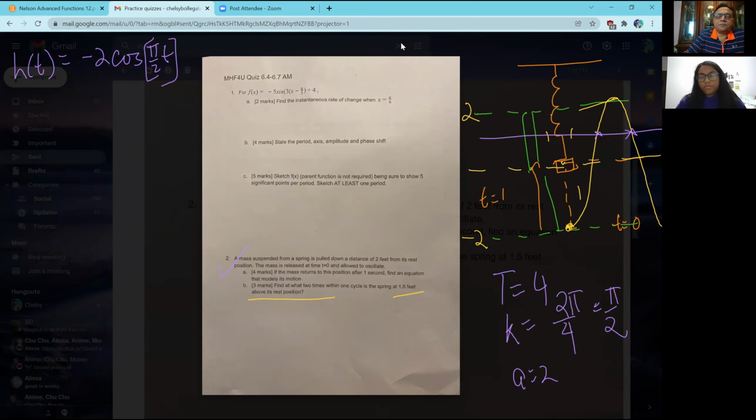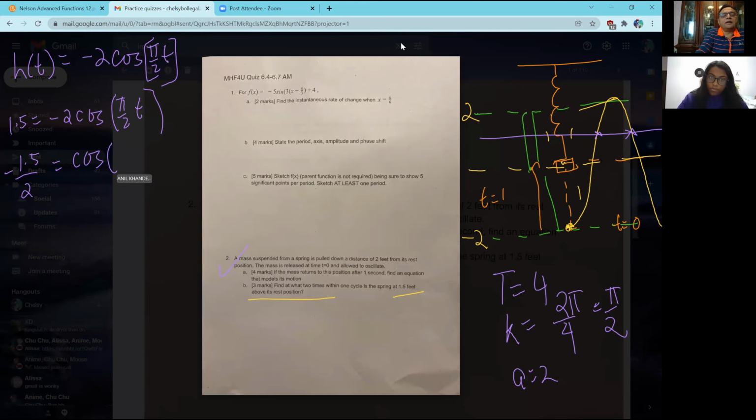Now to find the time t when it is 1.5 above, I'll write this as 1.5 equals minus 2 cos of pi by 2 t. Is it okay? So I'll divide this, so I get minus 1.5 over 2 equals cos of pi by 2 t, correct? For the cos, you can find the related acute angle.